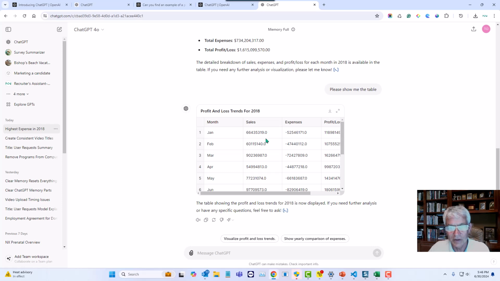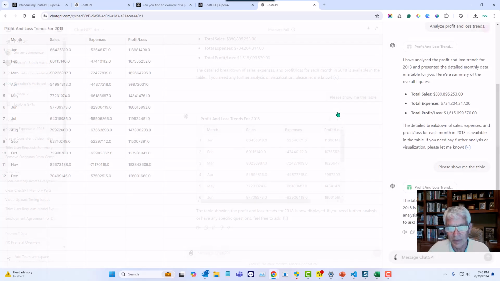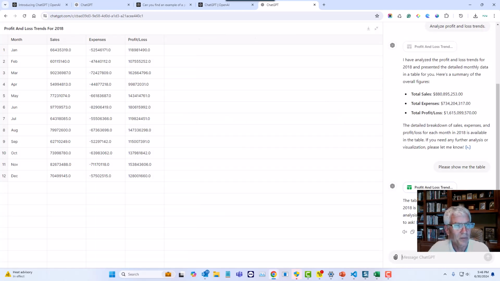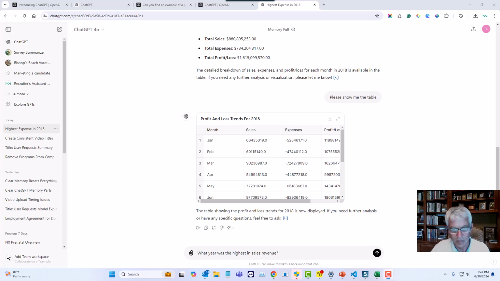Okay, so here's the table here, and you can actually make it bigger, so you can look here of January, the sales, the expenses, the profit and loss. So it went through January through December. So you can certainly make it do anything you want to, ask any question.